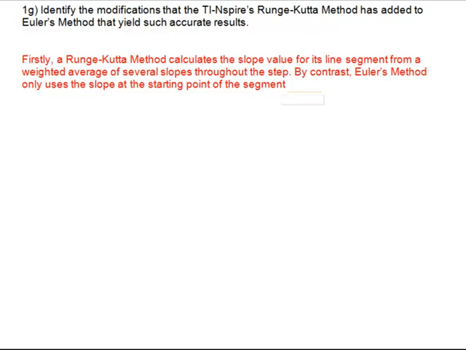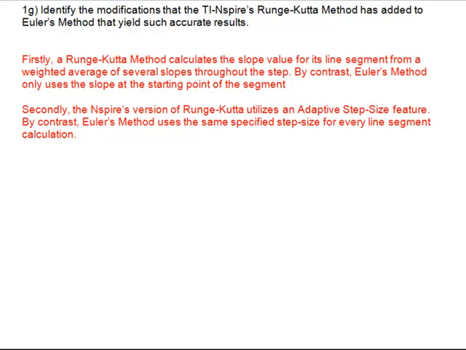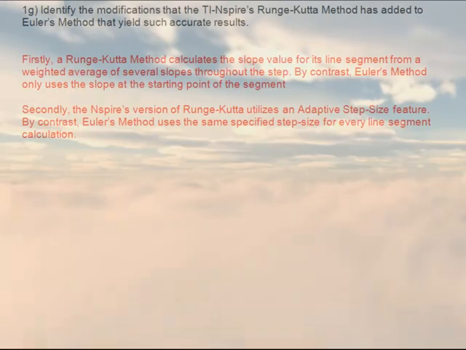By contrast, Euler's method only uses the slope at the starting point of the segment. Secondly, the Nspire's version of Runge-Kutta utilizes an adaptive step feature. By contrast, Euler's method uses the same specified step size for every line segment calculation.